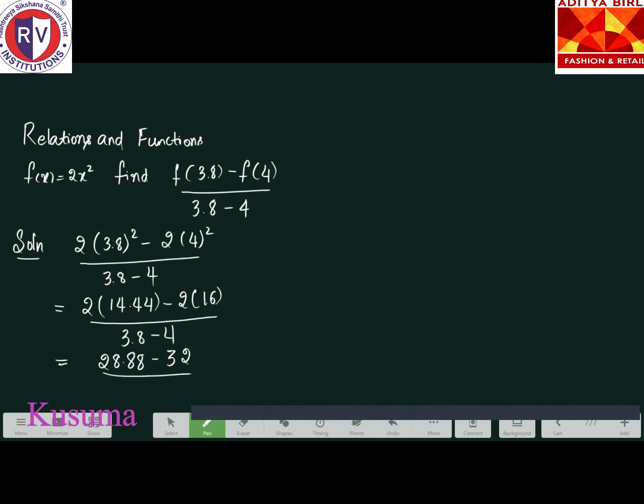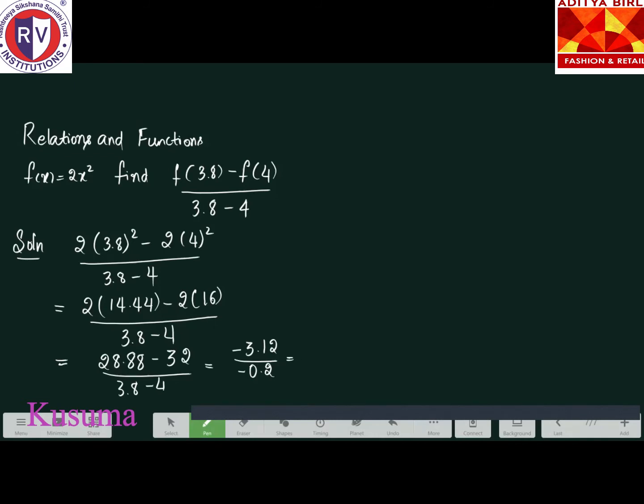Divided by 3.8 minus 4. Now let's solve this. 28.88 minus 32 will be minus 3.12, divided by 3.8 minus 4, which is minus 0.2. The minus and minus get cancelled.